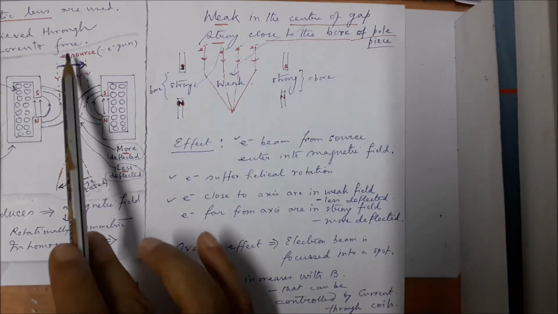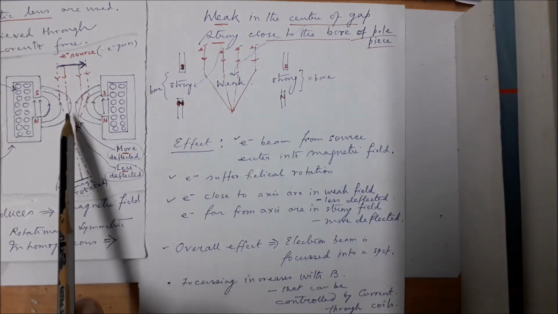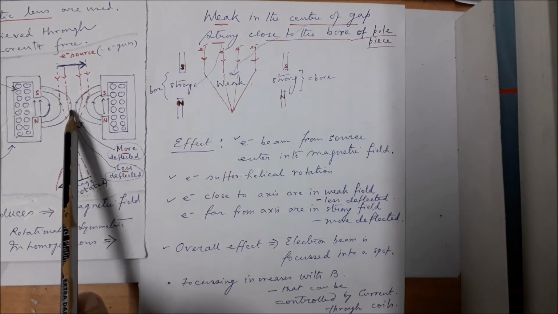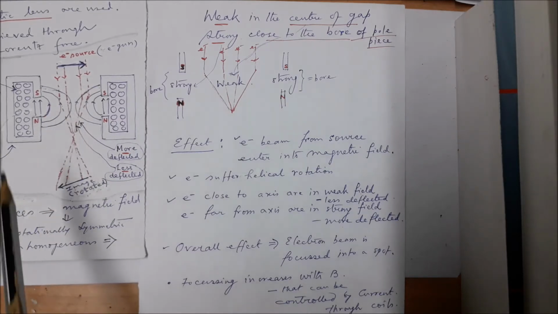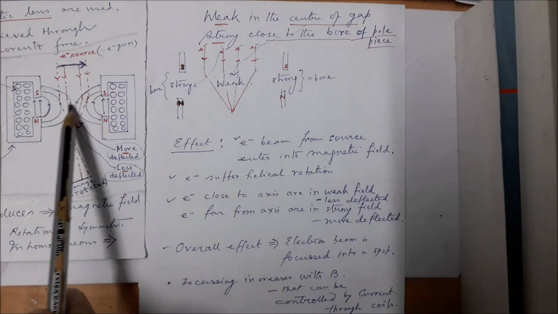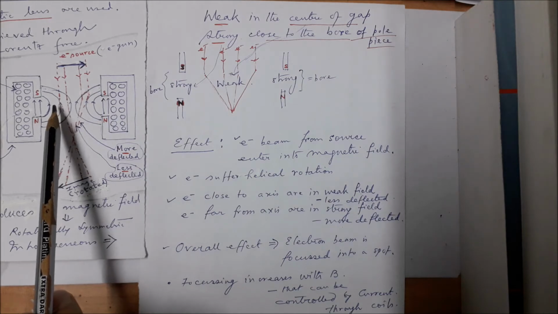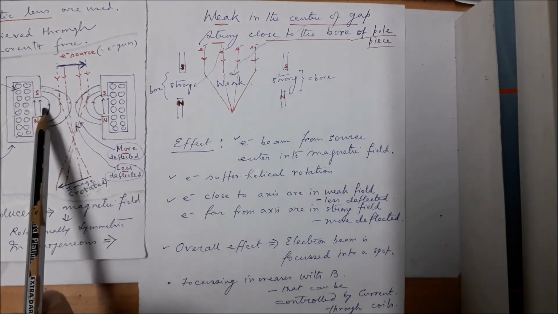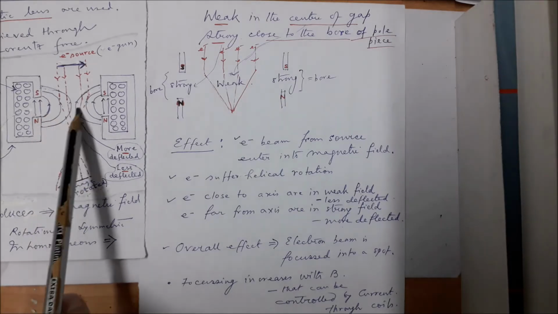Electrons close to the axis, that is at the center, are in weak field and they are less deflected, while electrons passing further from the axis, that is near to the bore of pole pieces, are more deflected.